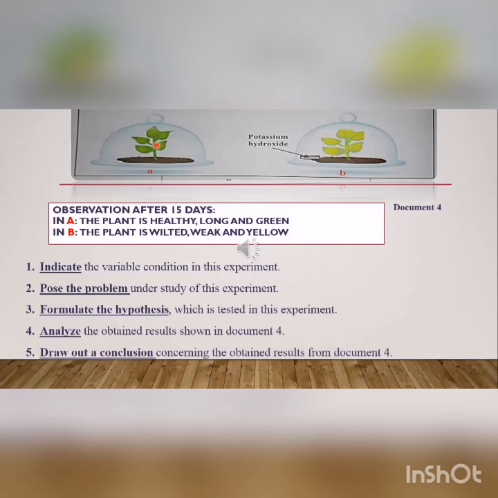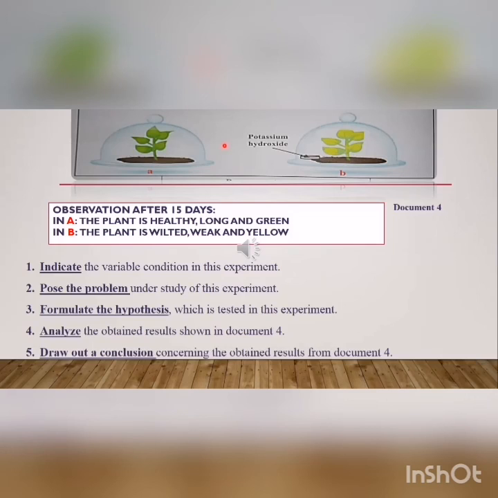Plant A, placed in air rich in carbon dioxide, grows normally, while plant B, put in air devoid of CO2, fades. Draw out a conclusion. The conclusion should be an answer for the posed problem. Carbon dioxide is an important factor for the growth of chlorophyllic plant.